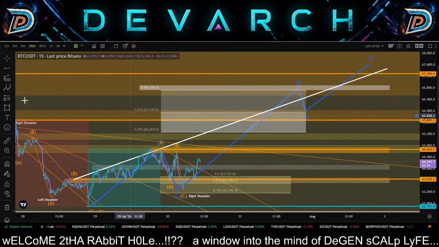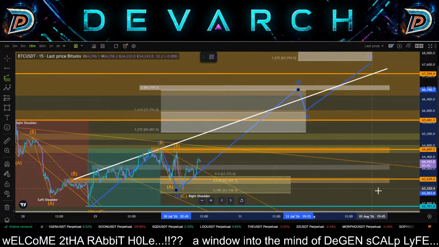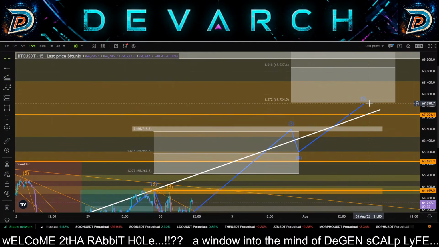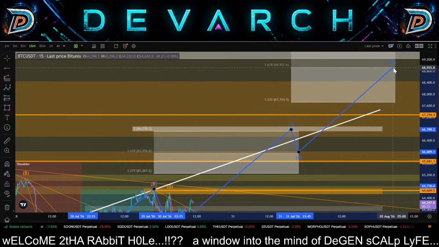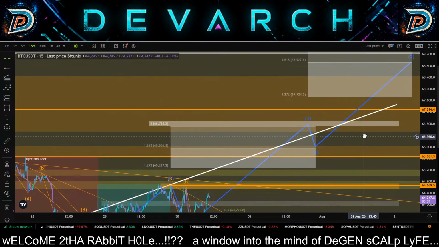And again, if we want to get the wave 5 target, we're going to map wave 3. So the wave 3 extension level for the measured move target of wave 5 is up here at 68,935.